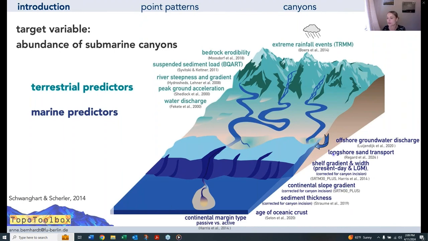For example, longshore transport, offshore groundwater discharge, the sediment thickness of the continental margin in the marine realm, but also in the terrestrial realm, we quantify peak ground acceleration, the steepness of rivers, extreme rainfall events, the erodibility of the onshore bedrock, as parameters that might influence how many canyons are actually formed offshore.